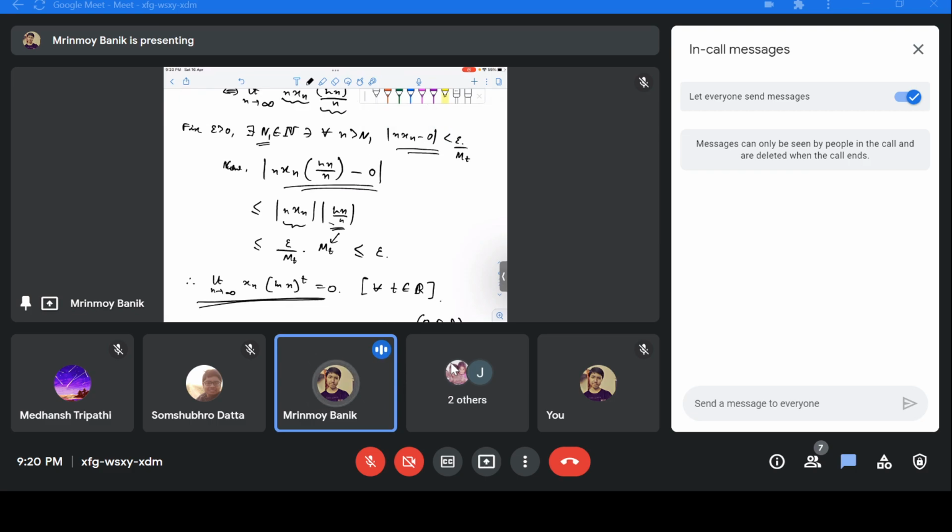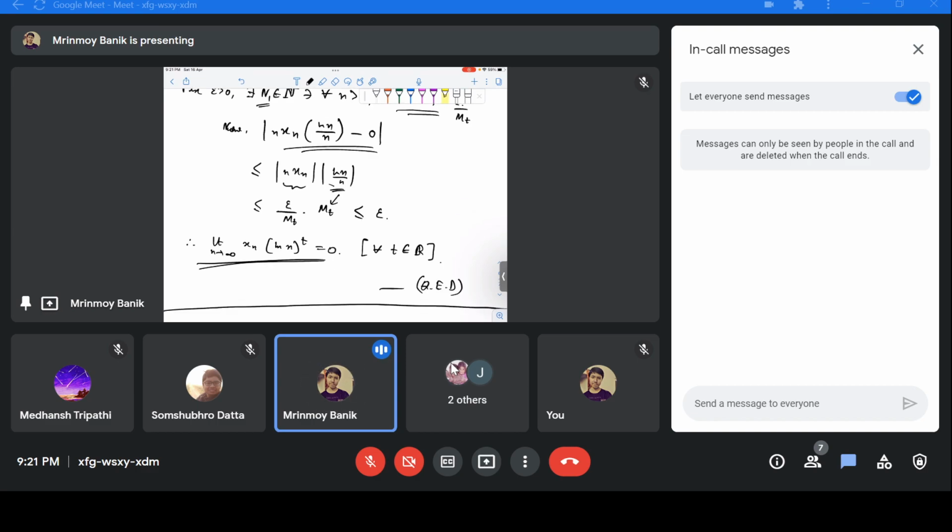So we were able to prove that for all epsilon there exists n1 such that for all n greater than n1, mod of x_n times ln n is less than epsilon. So in other words, the limit is 0.